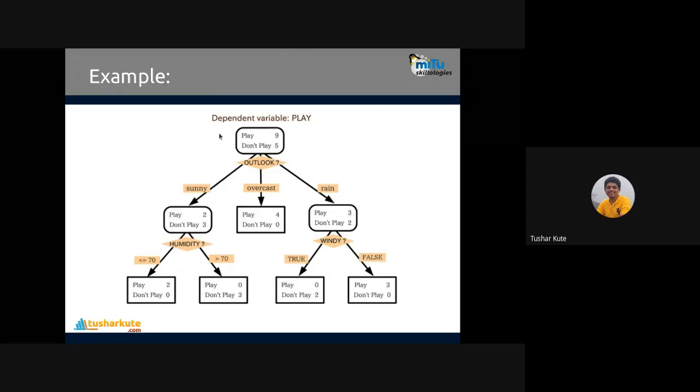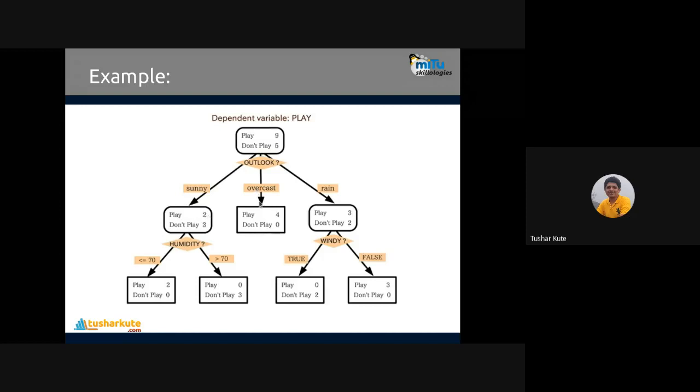As we can see in the data set, we have 14 data rows. Out of it, 9 times we play, and 5 times we don't play. First of all, in the tree, the outlook is taken. When the outlook is sunny, play 2 times and don't play 3 times.